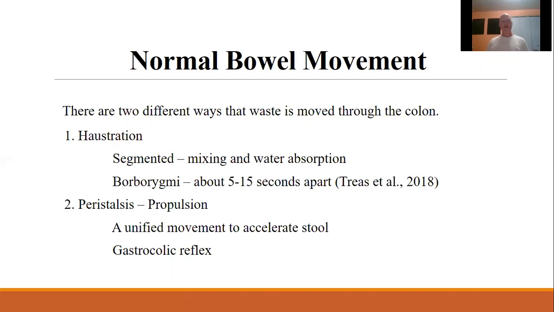Now we're going to discuss normal bowel movement. There are 2 different ways that waste is moved through the colon: haustration and peristalsis.